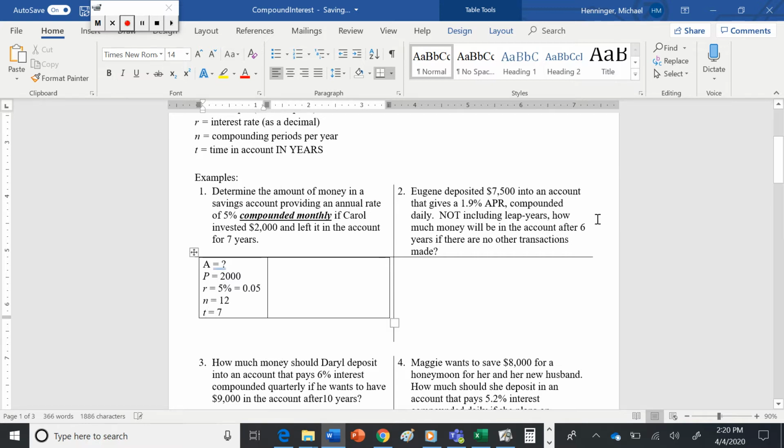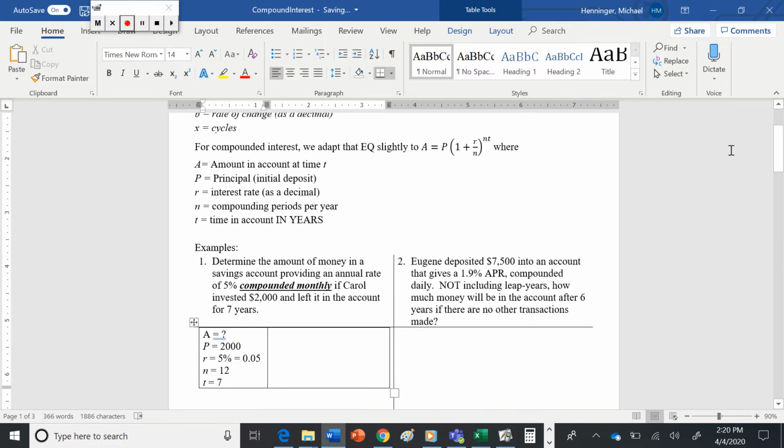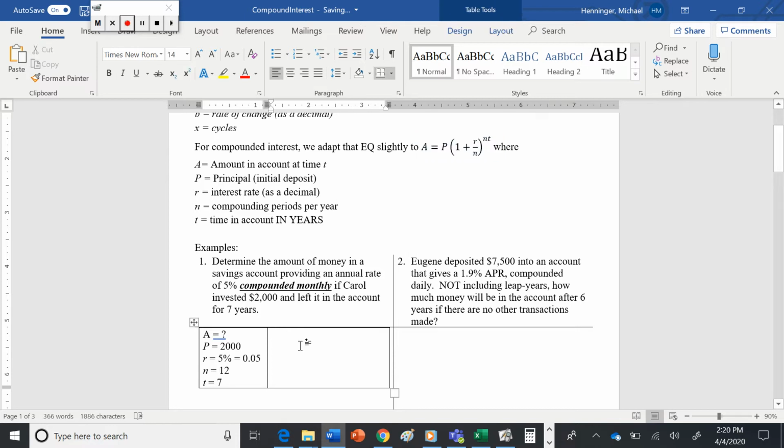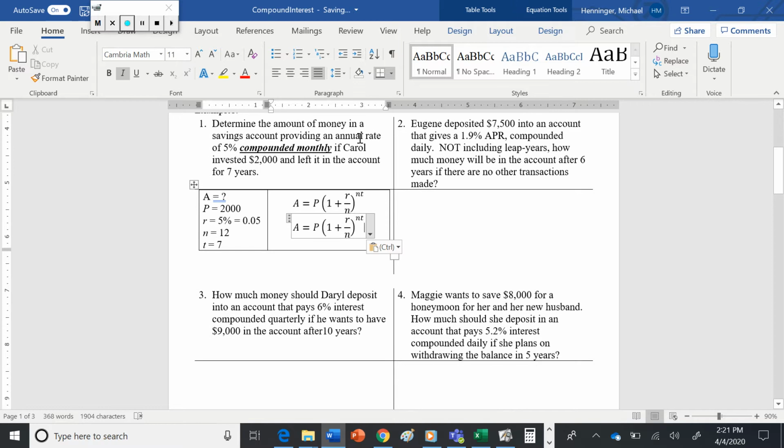All right, so now we want to use this formula. I'll press Control C to copy, and then click down here and press Control V to paste. There's my formula. I'm going to copy and paste it again, but this time I'm going to change these numbers. A is what we're trying to find, so I'm not going to change that. But the principal is 2,000. The 1 is a constant, it doesn't change.